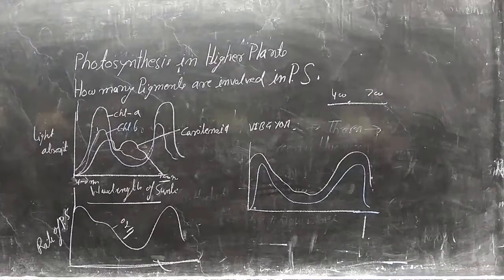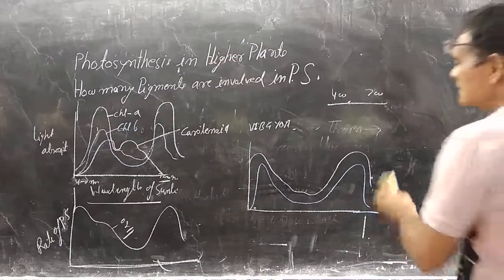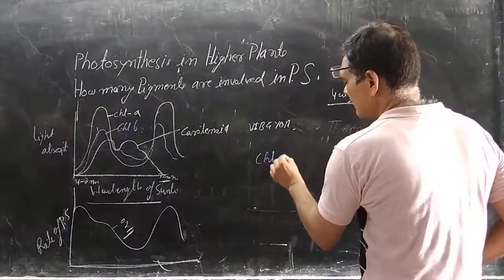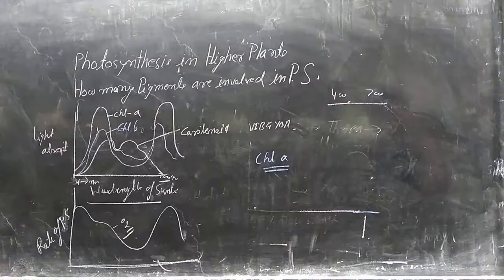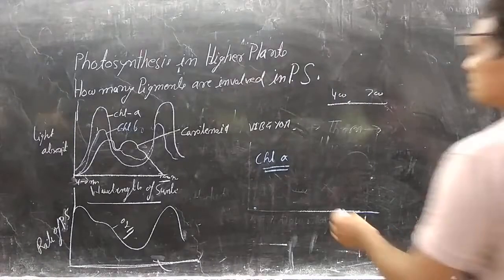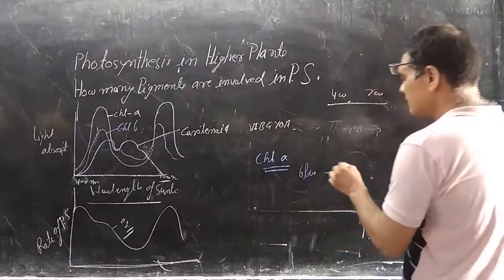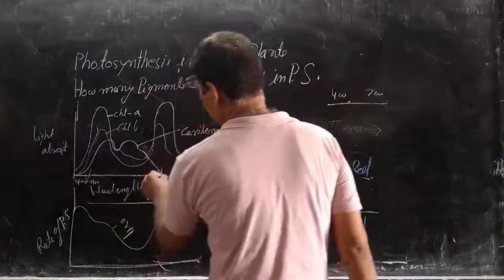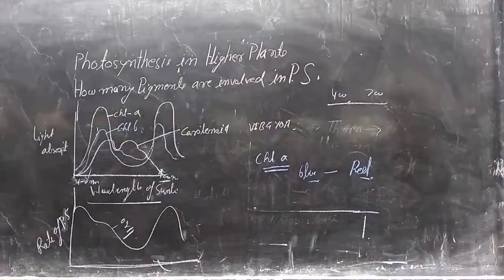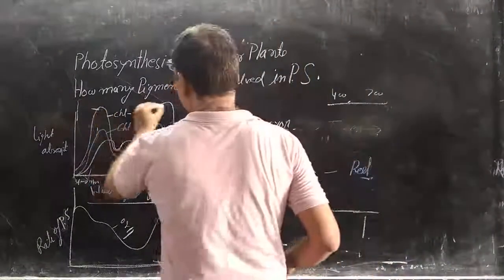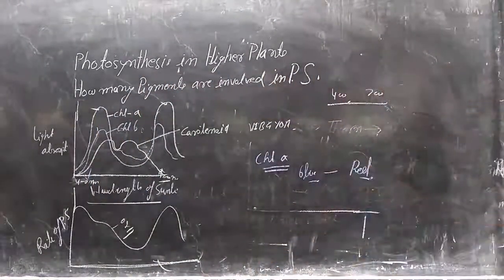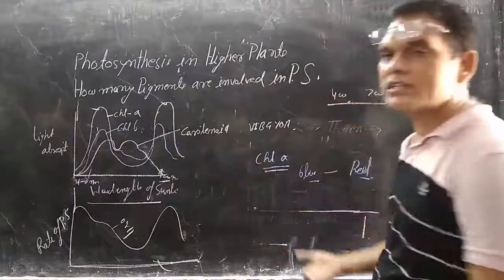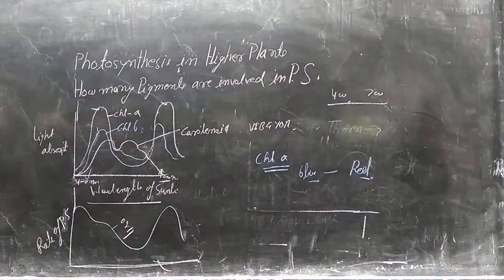If we see the main pigment inside the leaves, that is chlorophyll A. That is the main pigment in which maximum photosynthesis occurs, in the blue region and in the red region. Blue region towards this side and red region towards this side. Maximum photosynthesis occurs in the blue and red regions. The other pigments, chlorophyll B, carotenoids and xanthophylls, are the associated pigments.